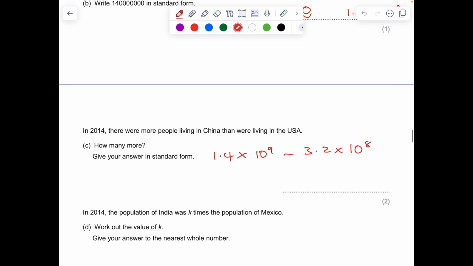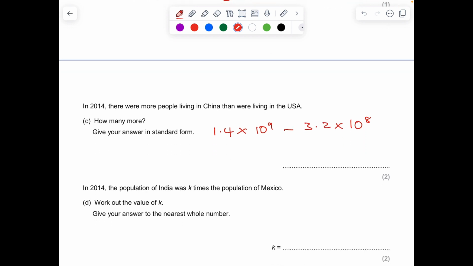Okay. So there are different ways you could have done this. You could turn them into ordinary numbers and then do the subtraction. So I'll do both actually. So if I turn it into an ordinary number, this is 1 and then 4 and then 8 zeros. So 1, 2, 3, 4, 5, 6, 7, 8.